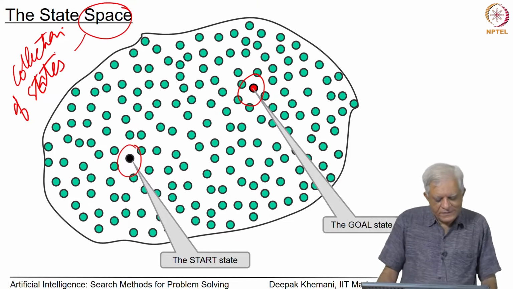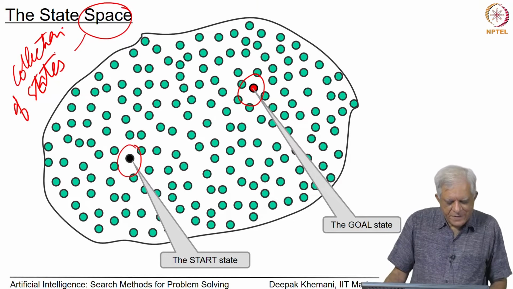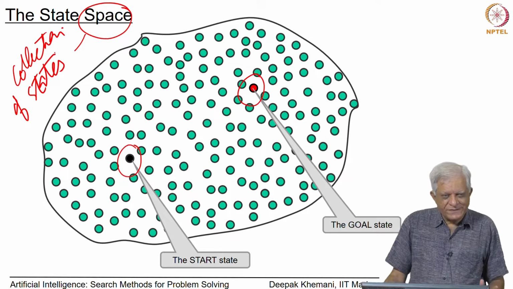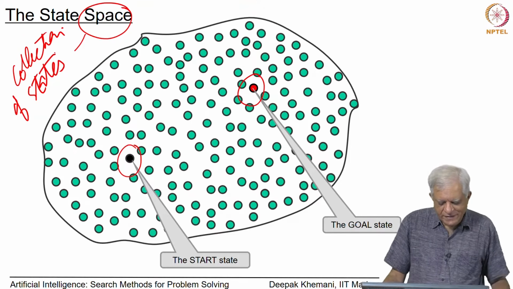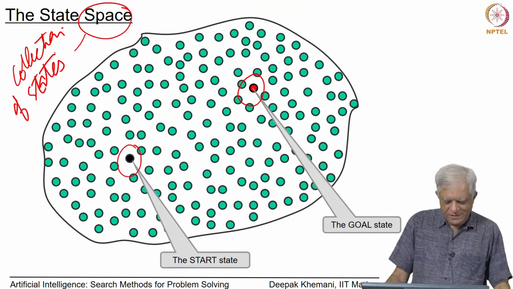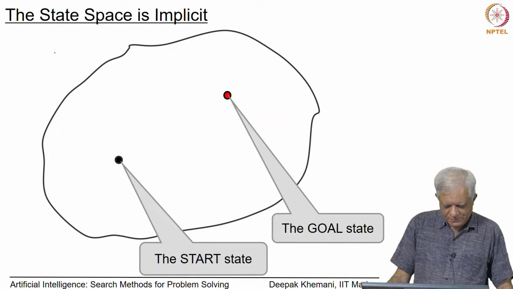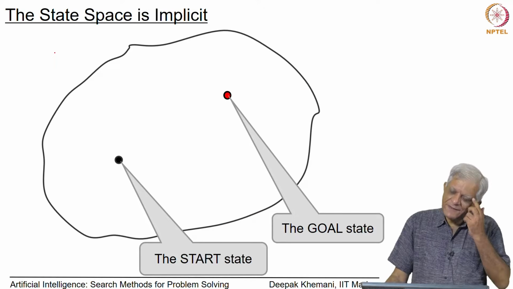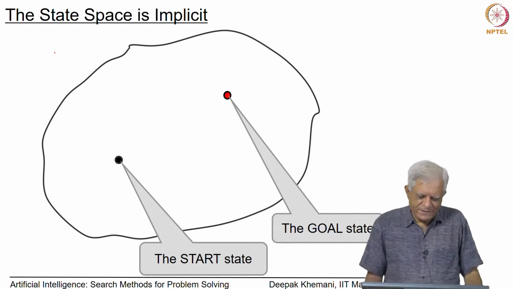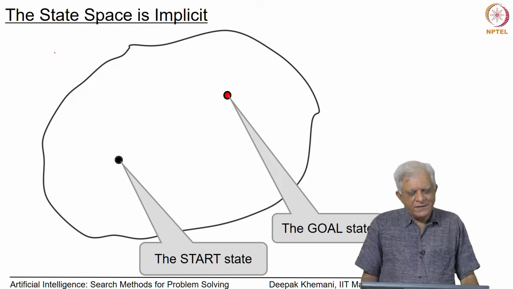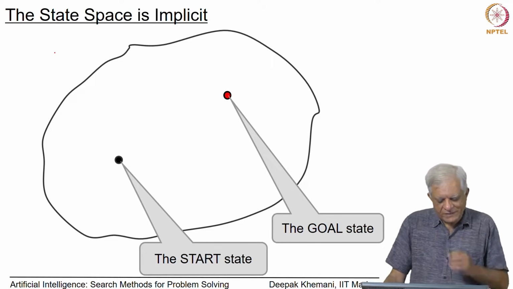As AI people, we will not worry about what the states are. We will assume that there is a space in which we can identify the start state and the goal state, and we want to somehow solve that problem. Okay. The state space, as I said at the end of the last class, is implicit. The graph is not given to us.